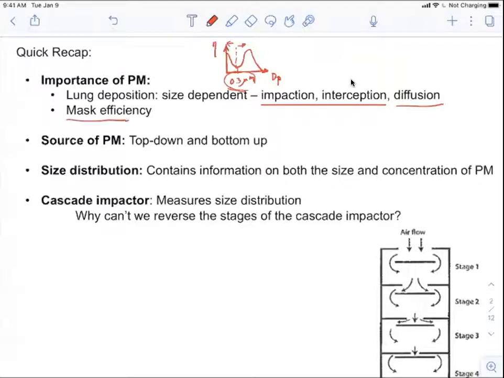So that's why the N95's efficiency is being evaluated at 0.3 micrometer particles. Because we know that if the efficiency of the mask at this special size is above 95%, then pretty much we don't need to worry about the other sizes because they can easily get deposited onto the mask materials.